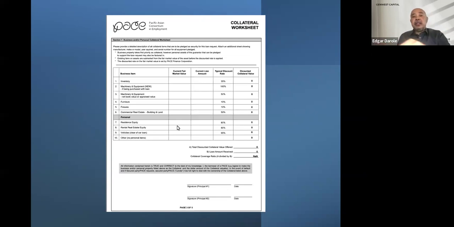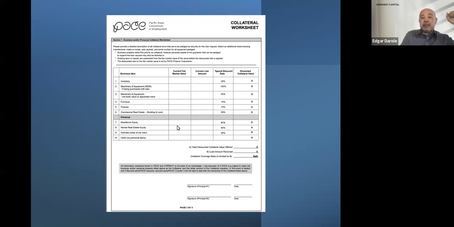Look at the fourth column, where it says typical discounted rate. What it means is that if you have inventory worth 100,000, they would only consider 35% of that 100,000, not 100%. That's the discounted collateral value. So you add it up.